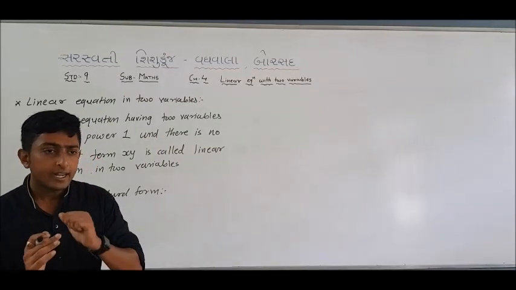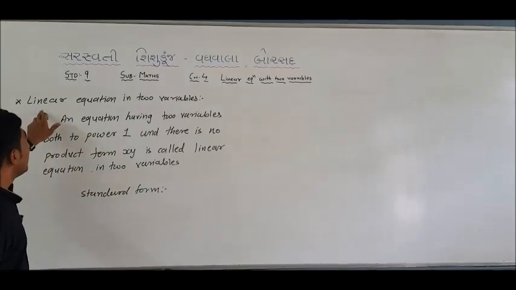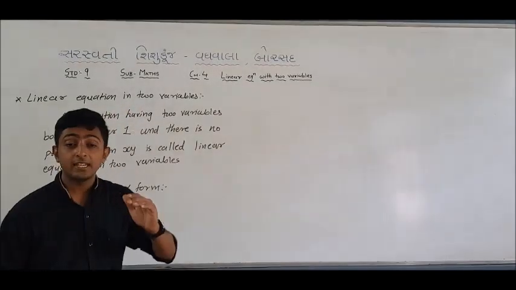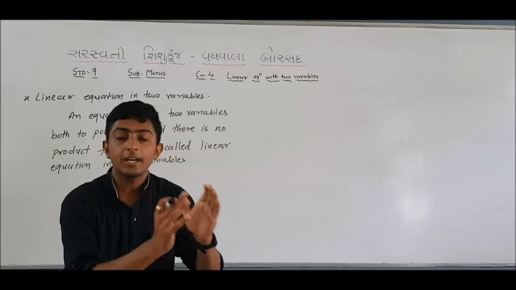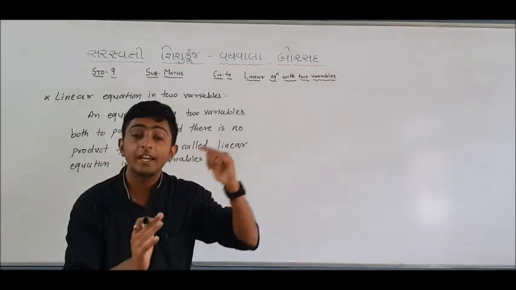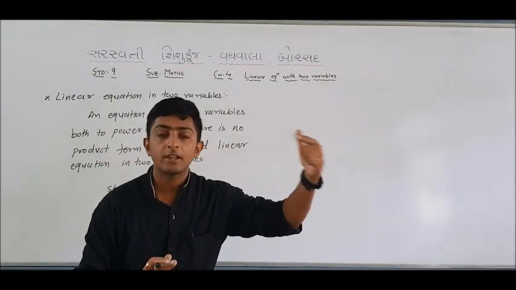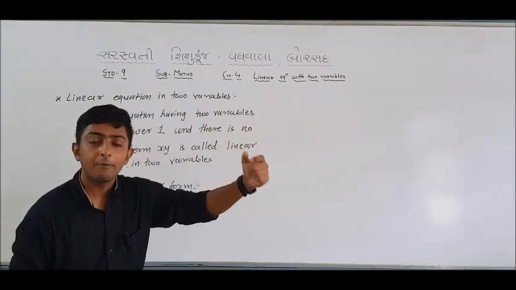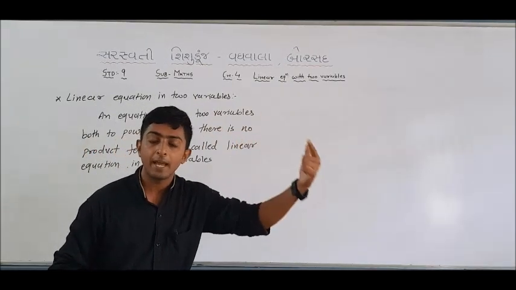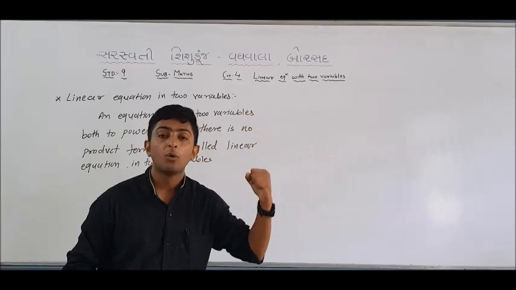Now friends, let us see another term, linear equation in two variables. First we saw the linear equation with one variable. What is a linear equation with one variable? It means an equation having only one variable and its degree is 1.